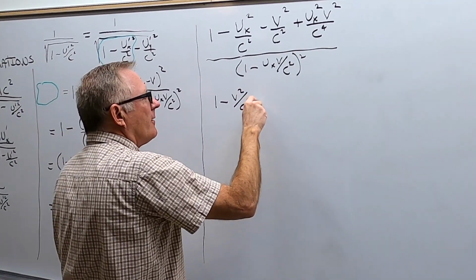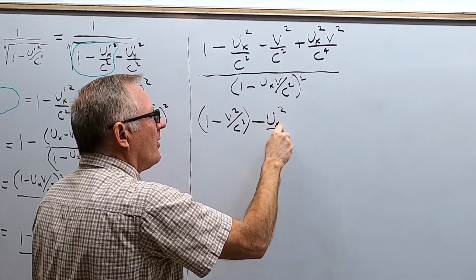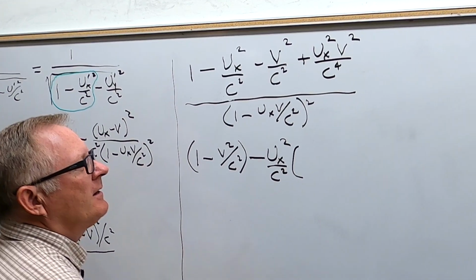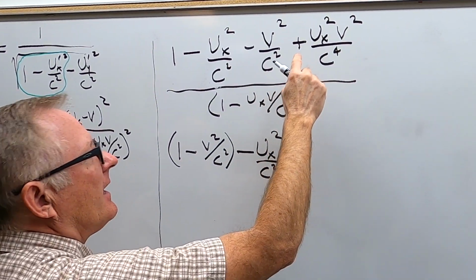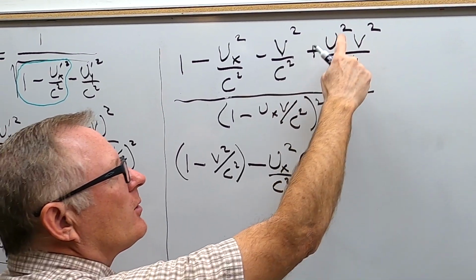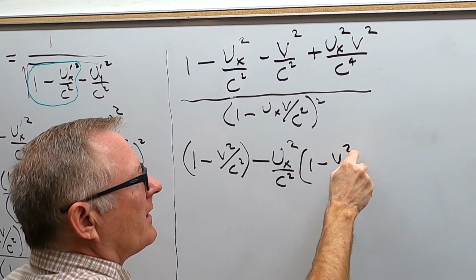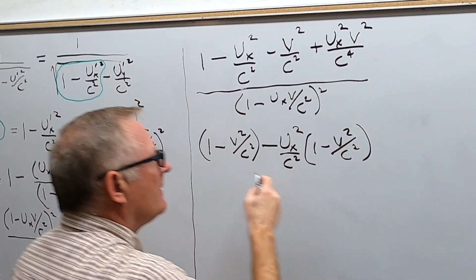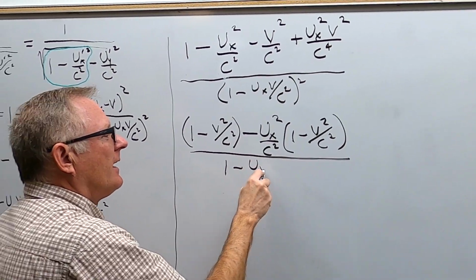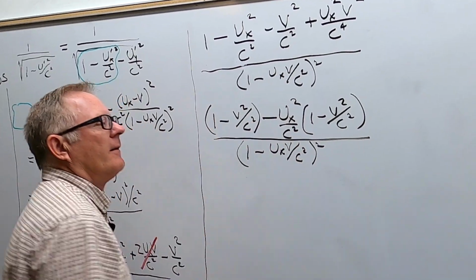That means this term's left being 1, and since I pulled out the minus, this becomes a minus. I pulled out the ux squared over c squared, so this is just 1 minus v squared over c squared, all over 1 minus uxv over c squared, squared.